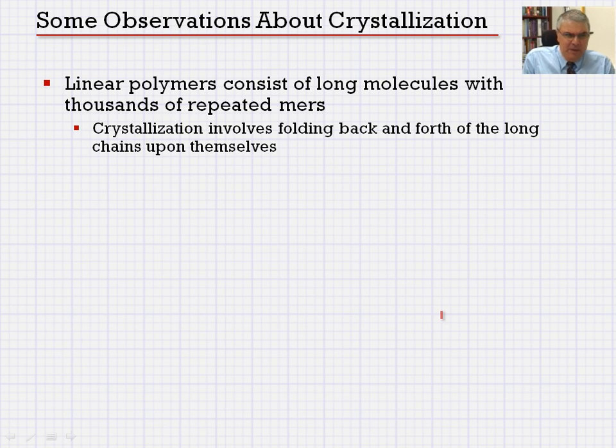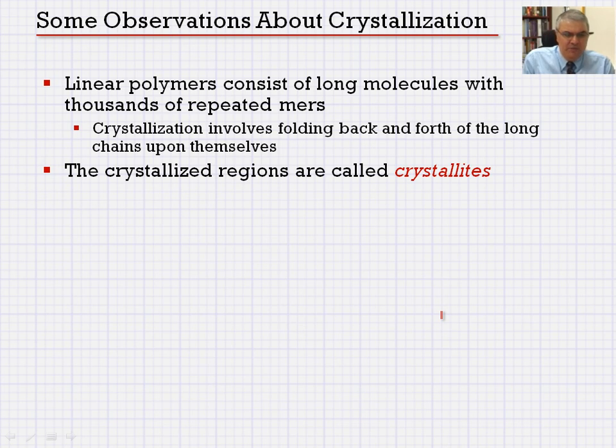Some observations about the crystallization process. The linear polymers consist of long molecules with thousands of repeated mers. That's the characteristic of polymers. And the crystallization, as I've looked at previously, folds these long chains of molecules up on themselves.